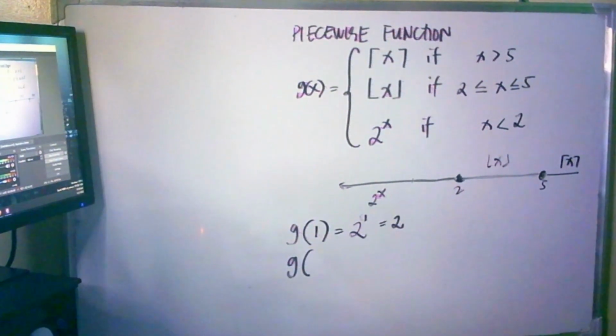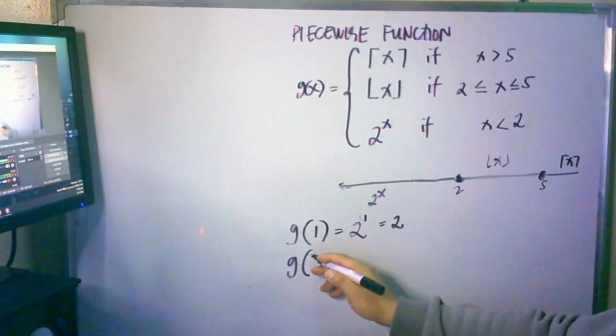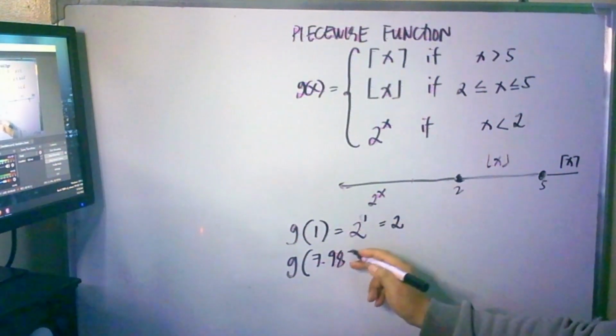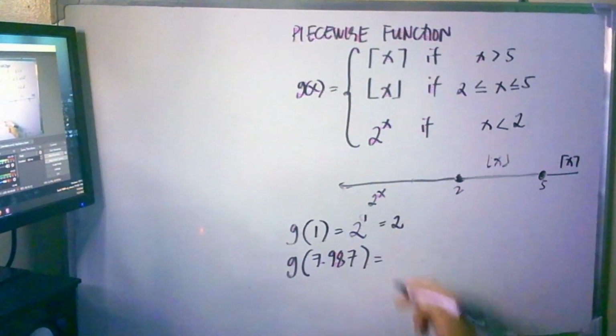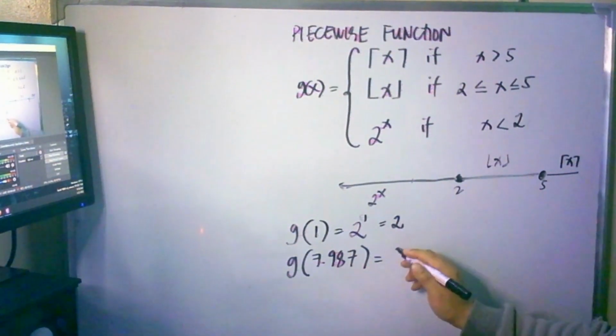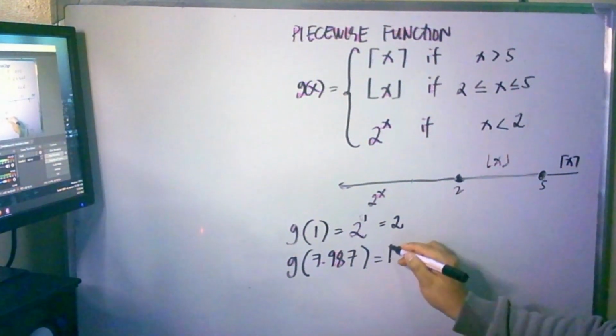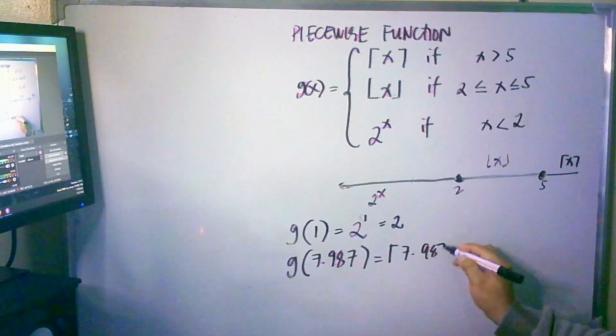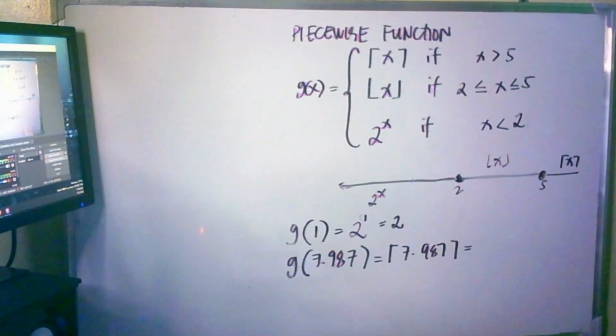G of, let's say, 7.987. First piece. The first piece. So that is the ceiling function. 7.987. What is the answer then? 8.